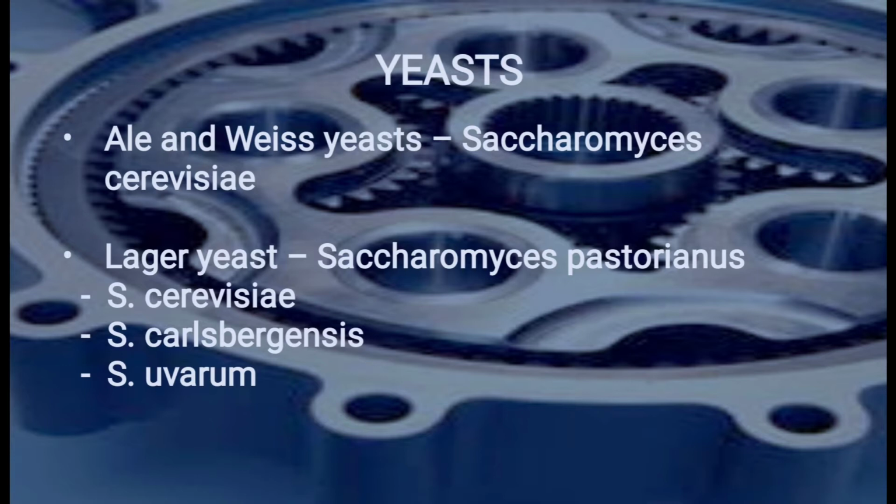Ale and Weiss yeast is Saccharomyces cerevisiae only, while lager yeast includes Saccharomyces pastorianus, Saccharomyces cerevisiae, Saccharomyces heidelbergensis, and Saccharomyces overum. The identity of Saccharomyces overum is lighter golden beer with a sweet hint and medium amounts of hops.